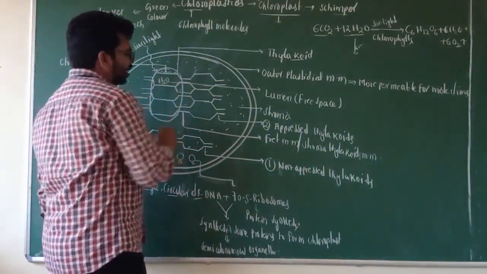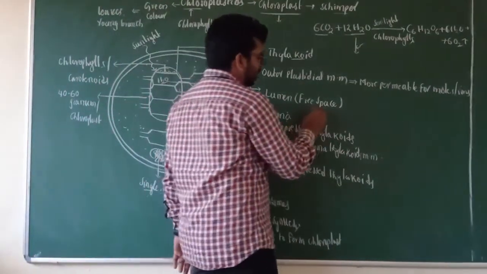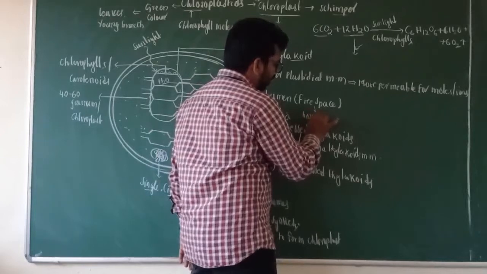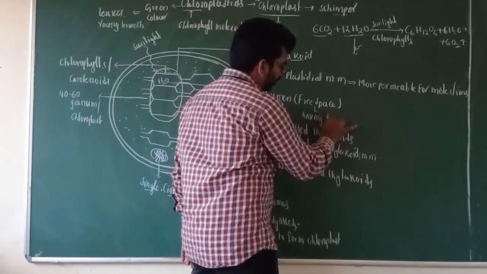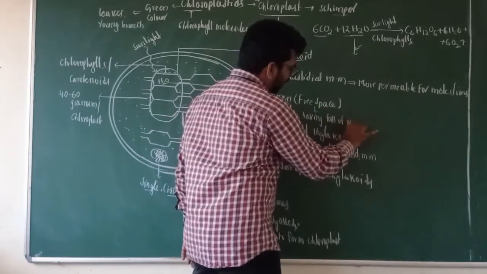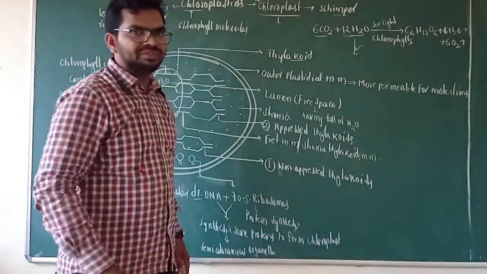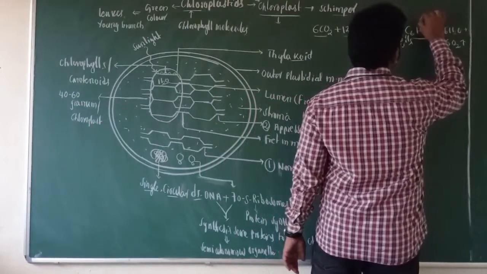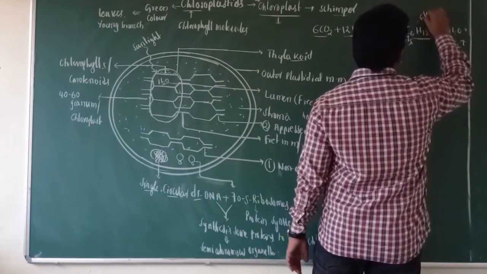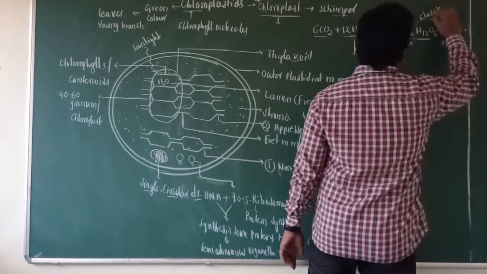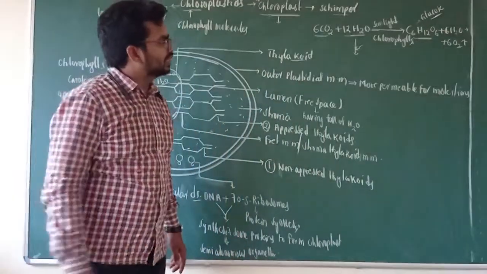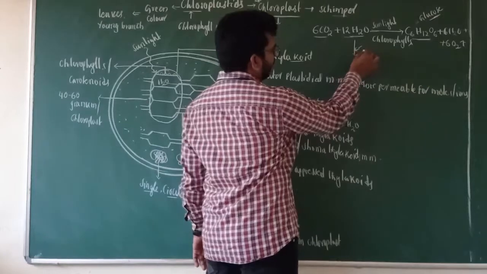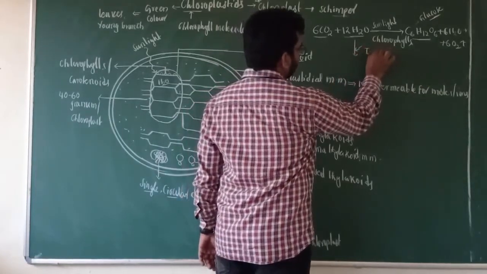As I told you, the lumen is the free space full of water, and it is a raw material for photosynthesis to construct carbohydrate, for example glucose. This is the main product synthesized in photosynthesis. Before that, the first phase is the light phase.